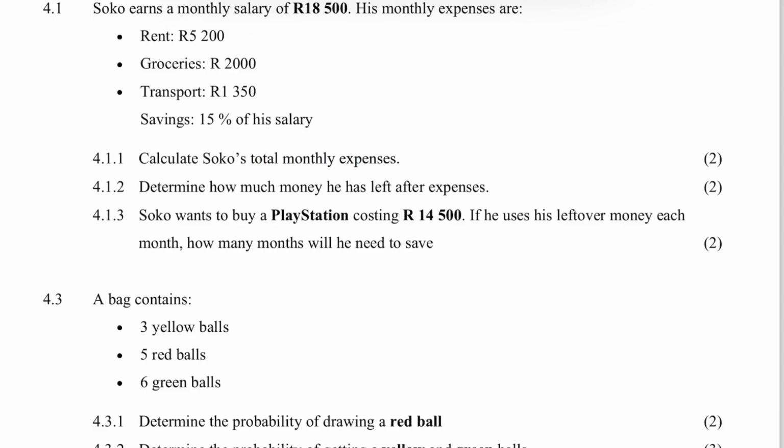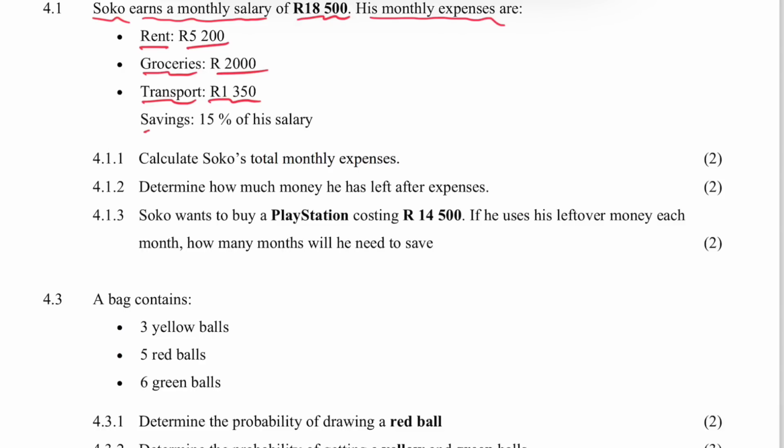Question 4. It says Soko earns a monthly salary of 18,500 rands. His monthly expenses are: he pays rent of 5,200, groceries of 2,000, transport of 1,350.